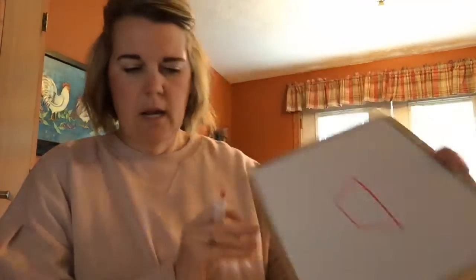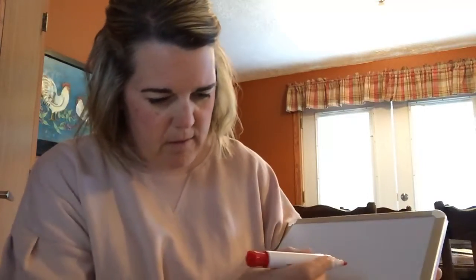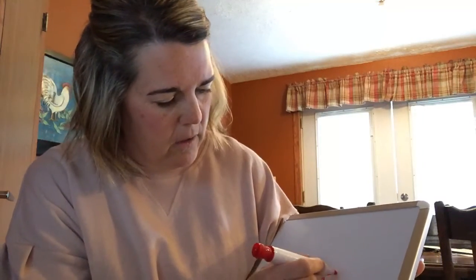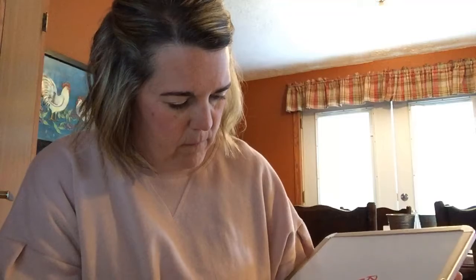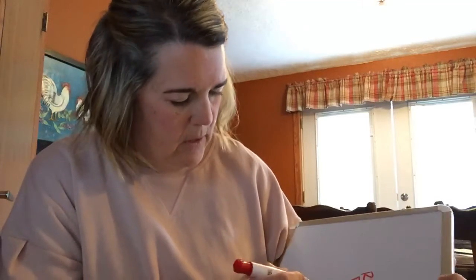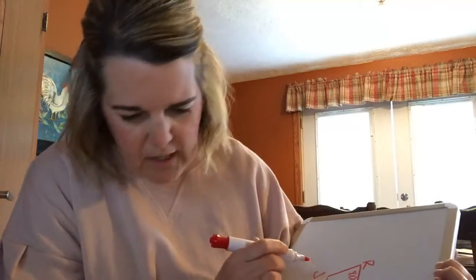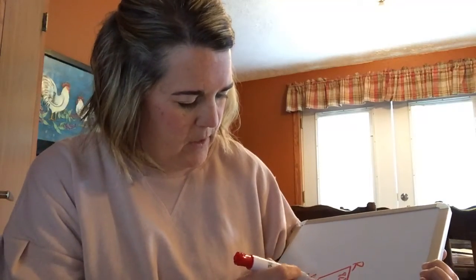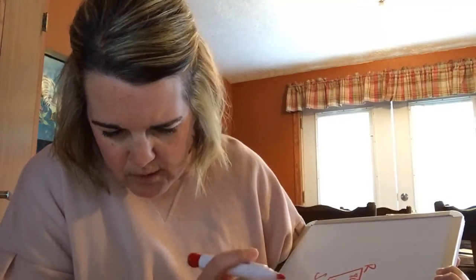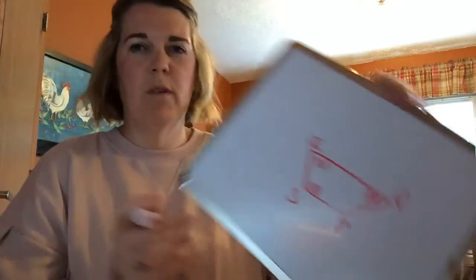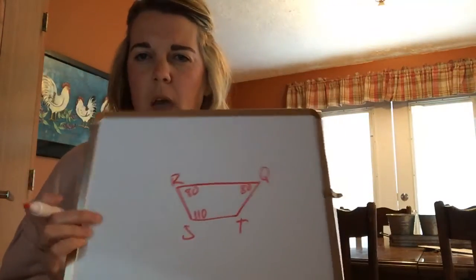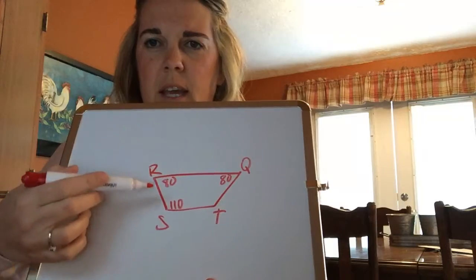The quadrilateral looks something like this, not exactly, but you know how I am. It gives us some degrees: this one is 80, this one is 110, and this one is also 80. So you have three angles in here: 110, 80, and 80.